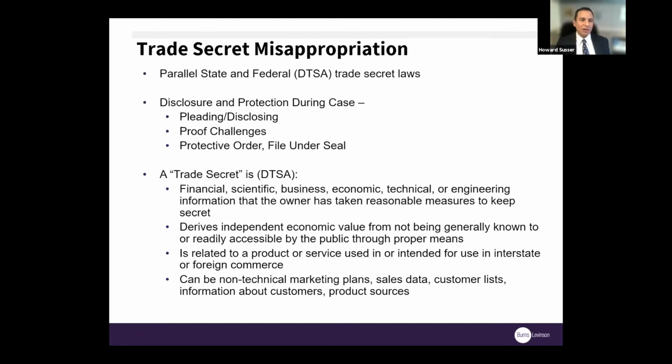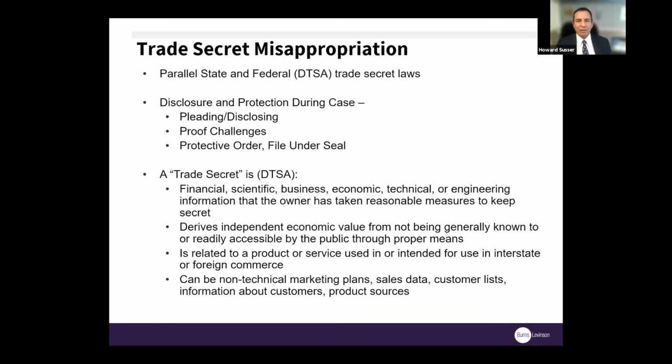So trade secret misappropriation is often, I'd say, one of the most important parts of a civil action to go after a former employee in particular, or a party with which you've done some business and shared a non-disclosure agreement, a joint venture, and they took your stuff. There's a parallel state and federal system.